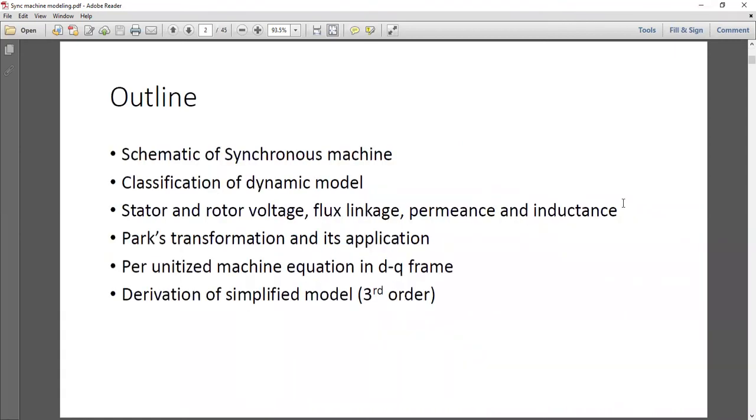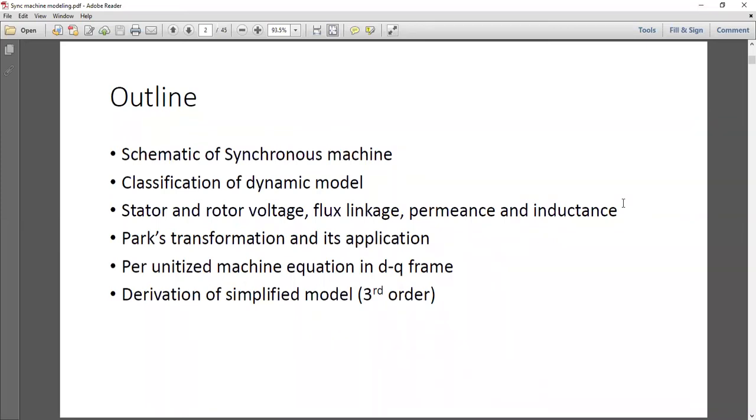So let's look at the outline of this slide. First of all, we will look into the schematic of a three-phase synchronous machine, and as I just told you, it will be an example of a salient pole machine. Then we'll look at some standards followed in the classification of the dynamic model.